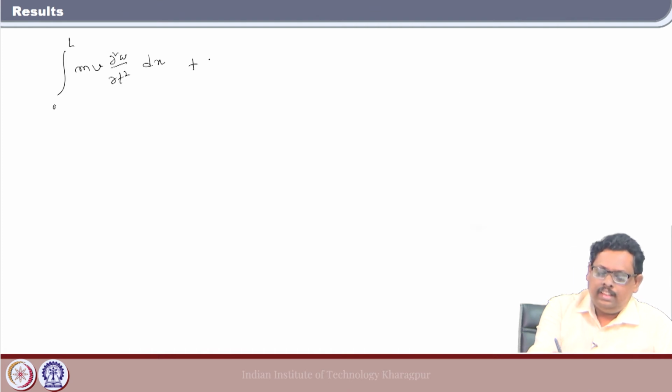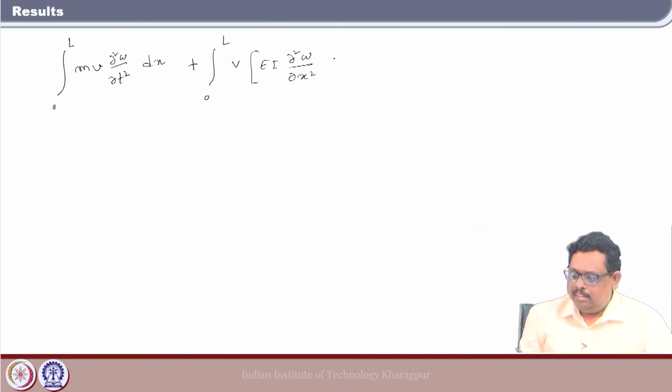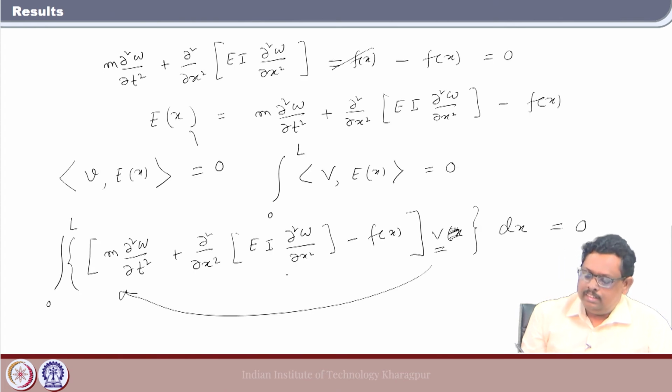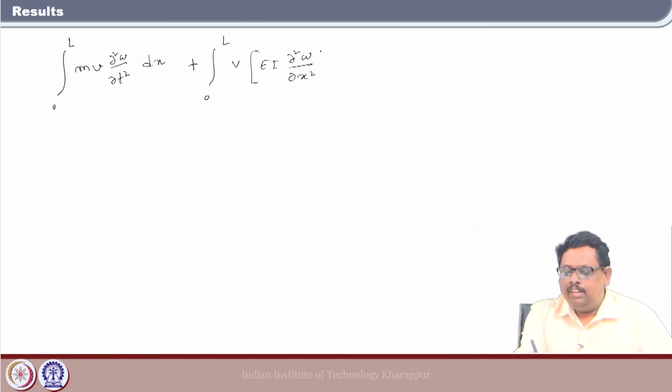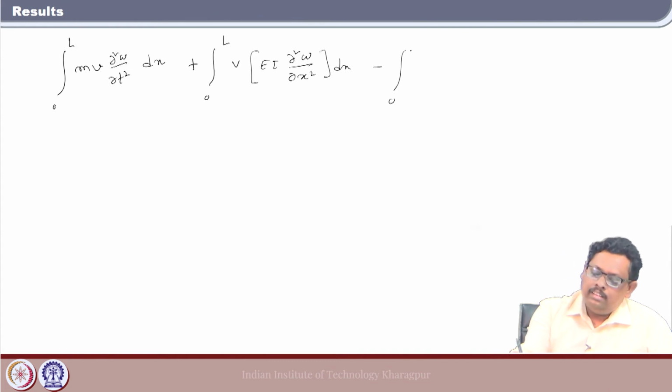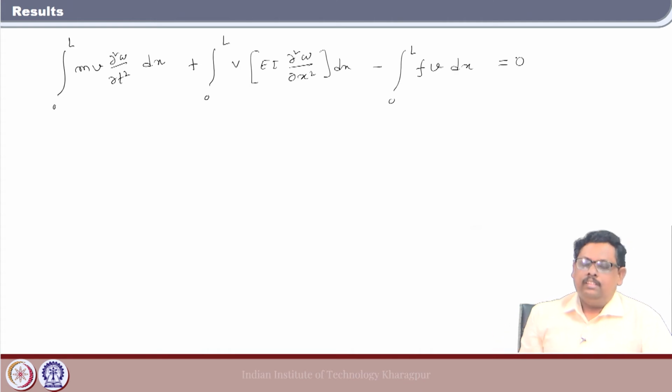I just split again, it is 0 to L. Now, this V should be multiplied with E into I into del square W by del x square, right, and multiplied by dx, and then minus integral 0 to L of f into V into dx, that should be equal to 0, right.